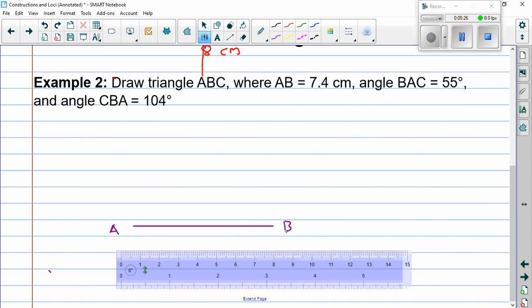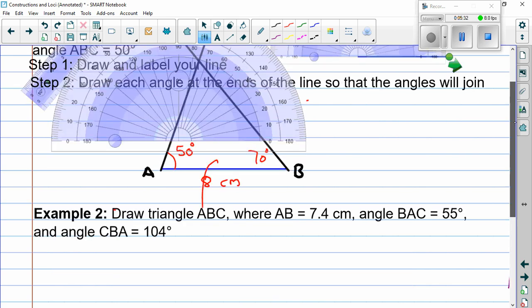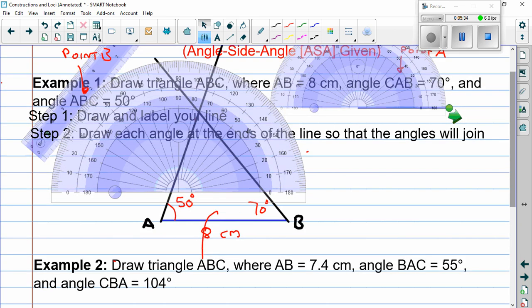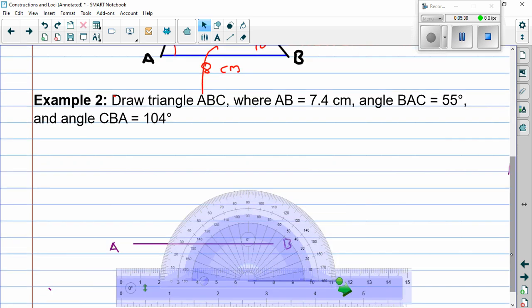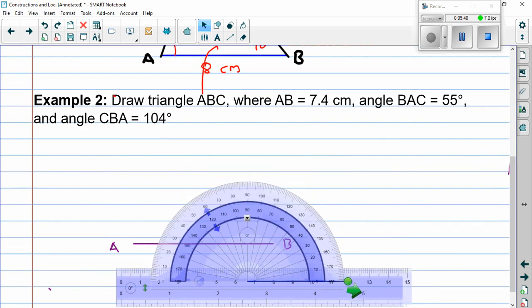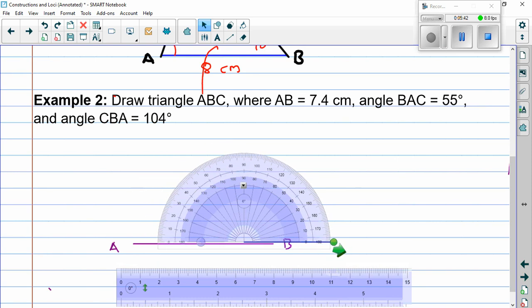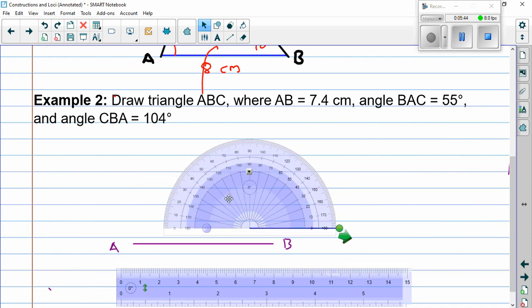Okay. Once again, we're going to grab our protractor. I'm just going to use this one that I have up here from our previous question. Okay. Oh, a little big. Okay, so we want angle BAC.